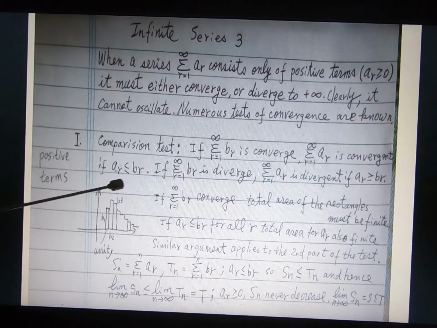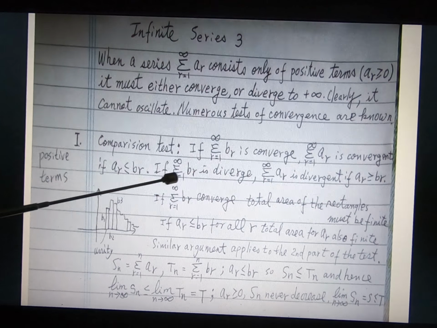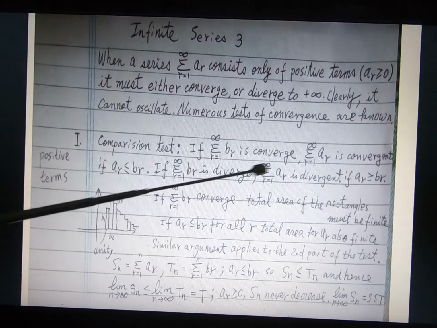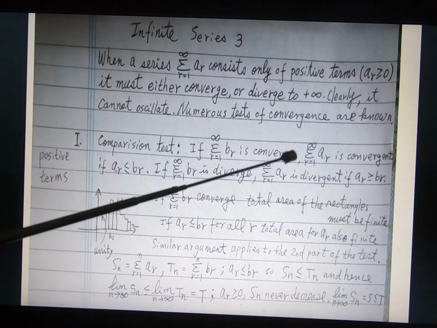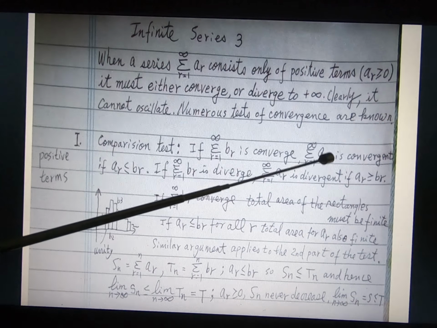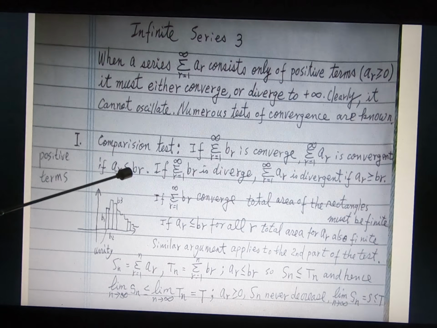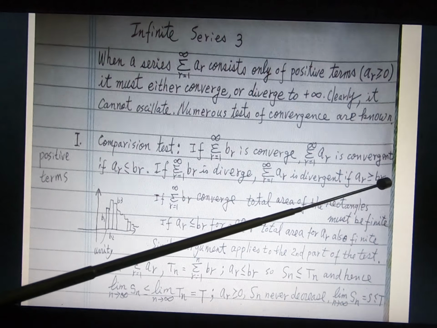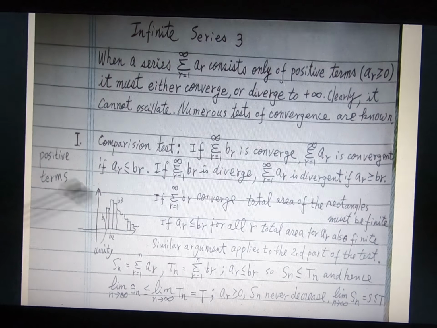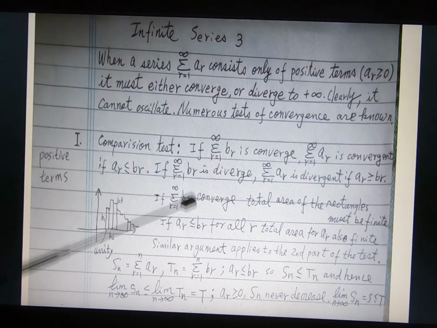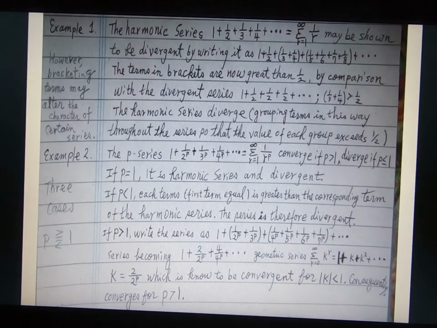You can see if AR is less than BR, if BR is diverged, AR is diverged. And if this is converged, the AR will be converged if AR is less than BR. And if AR is greater than BR, BR diverges, AR diverges. And these are proved. So you actually integrate something like that.